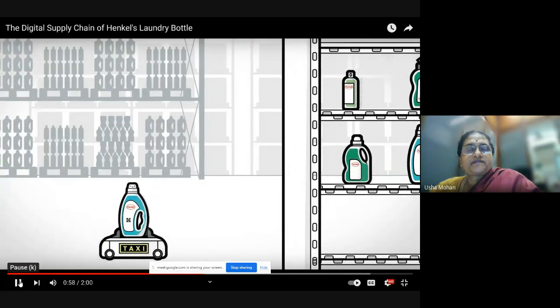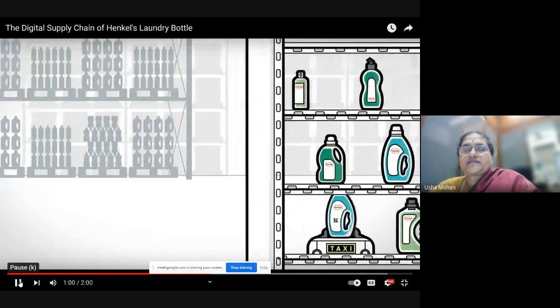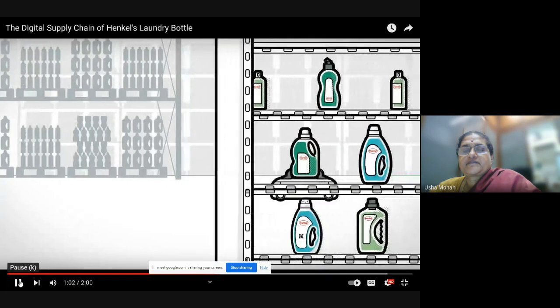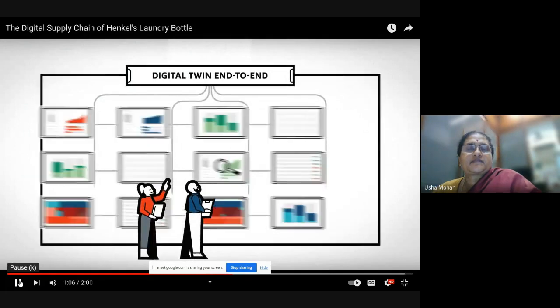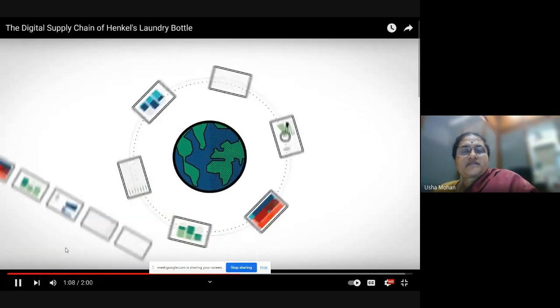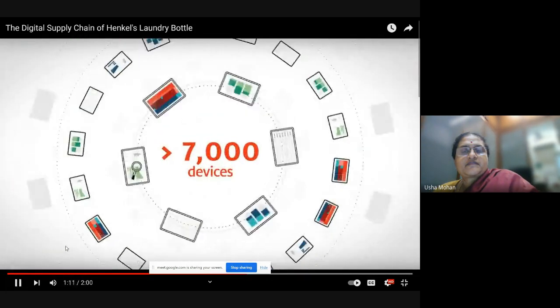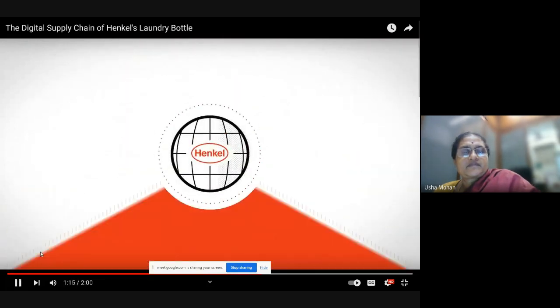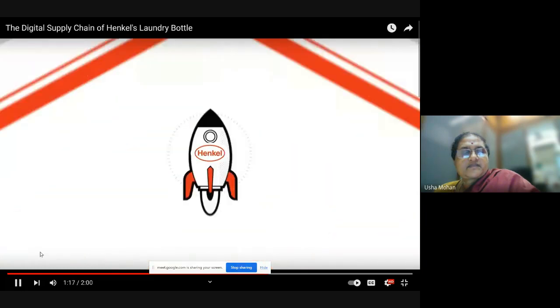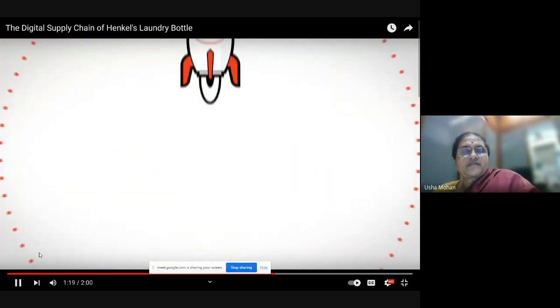The coolest part is when I move on automated vehicles who know where to go after picking me up. My creators base their decision on data being available globally, powered by algorithms and IoT devices. This rapid digital transformation has given Henkel a competitive edge through innovation and a future-ready operating model.